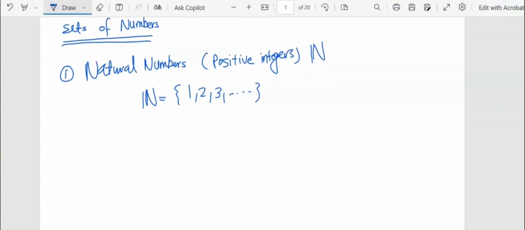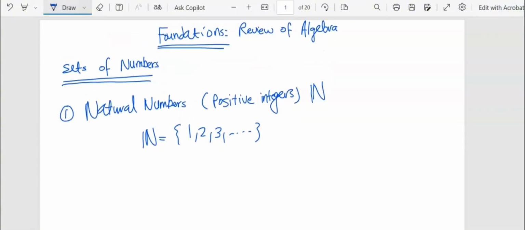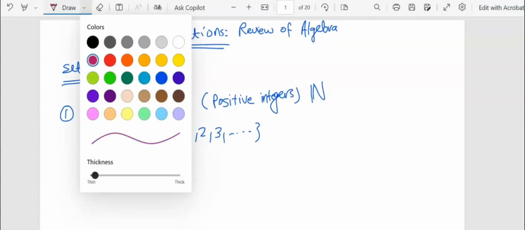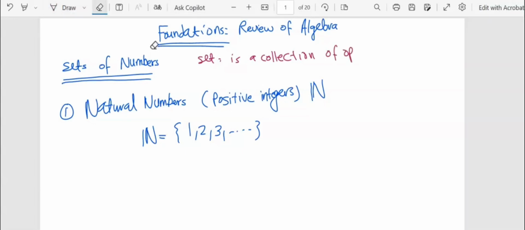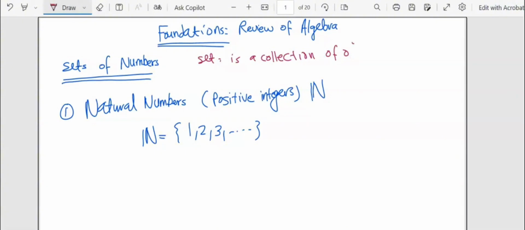And actually, when I say set, maybe I should have said that in the beginning. A set is usually a collection of objects, and each object is called an element. Just to start with everything clear, and so we don't have any ambiguity.